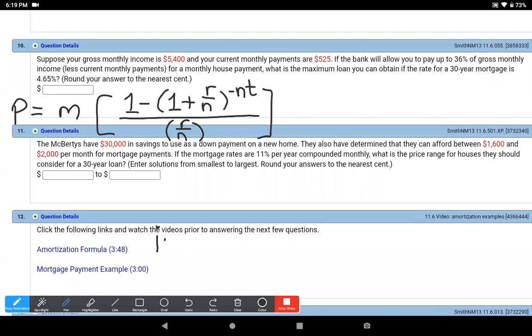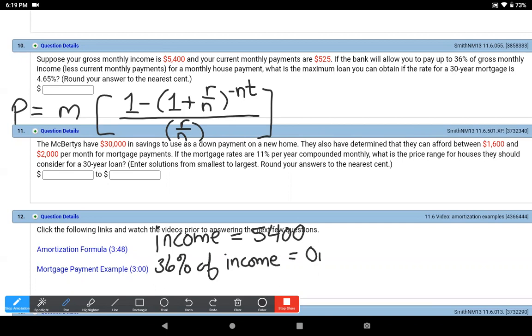We have an income of 5,400 and 36% of our income is 0.36 times 5400. So first we need that number. So that's 1,944.